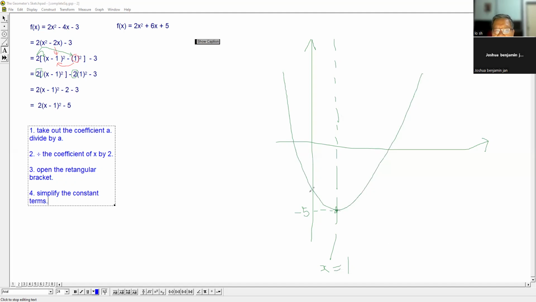Can you tell me what is this number here? The y-intercept. The constant term. Ax squared plus bx plus c. It's not 3. Negative 3.